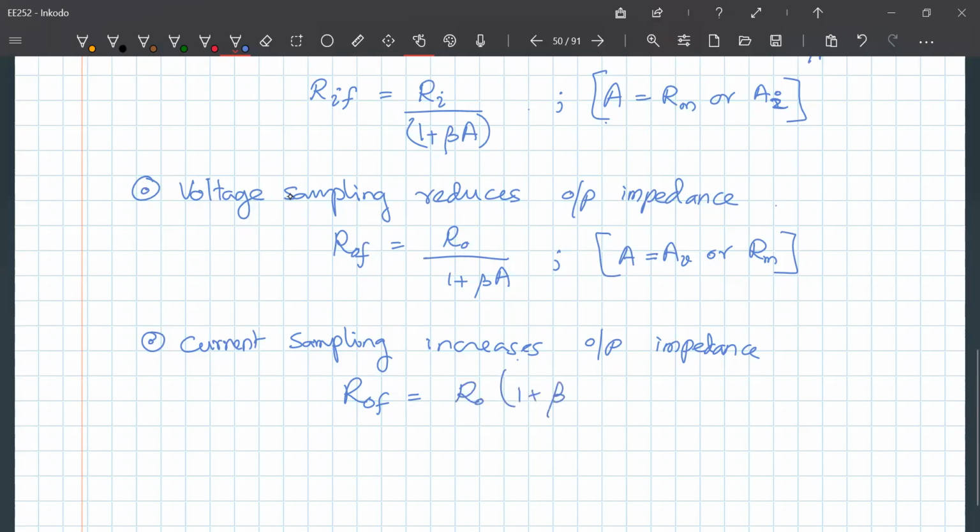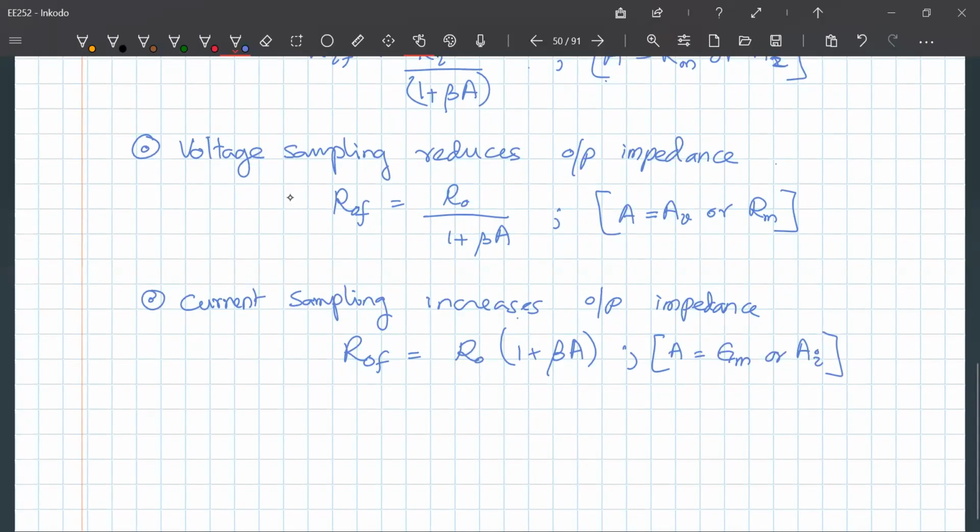So earlier I had written it like this, right? There is no F here. This is output impedance without feedback divided by 1 plus beta A. In this case, the second one, current sampling increases output impedance, where A can be either GM or AI, so the transconductance amplifiers and current amplifiers. So that's basically the summary of what feedback does to input and output impedance.